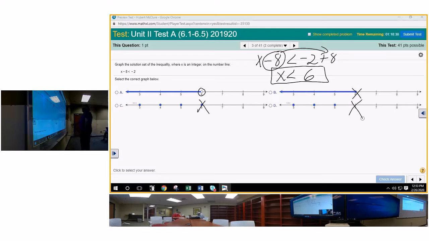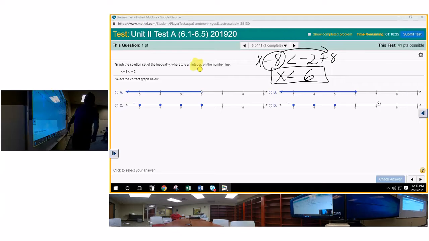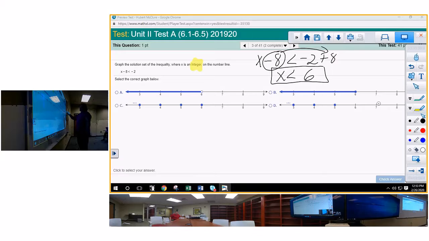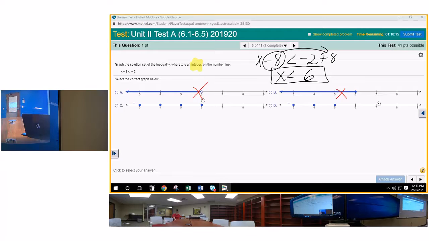Oh, I'm sorry, I made the classic mistake. I made the mistake I just told you not to. Hold on. I suck. What does it say right here? Integer. So it can't be the shaded. So which one is less than 6? C Charlie? or D?